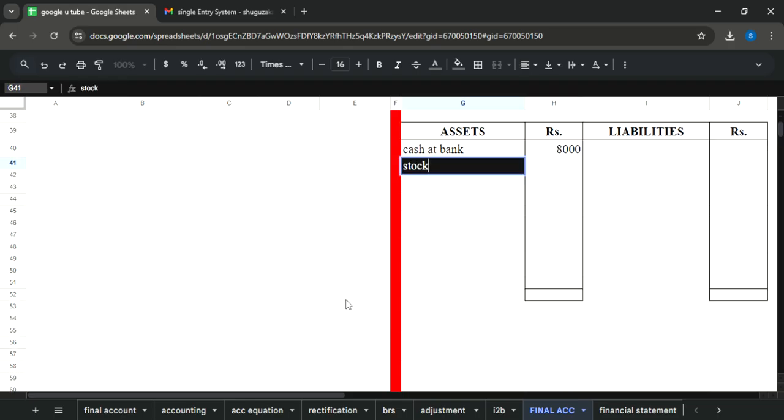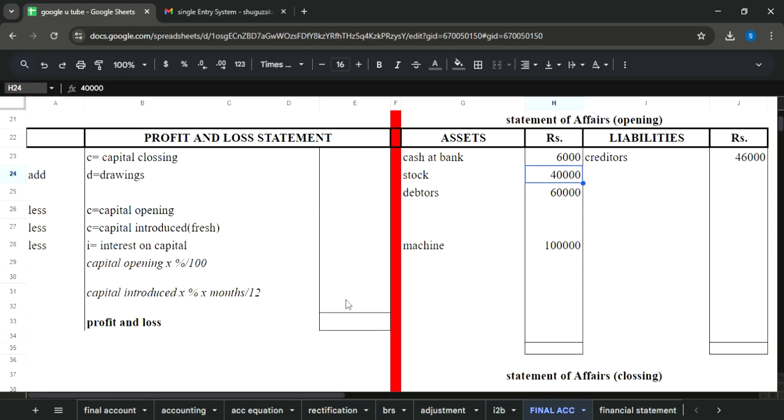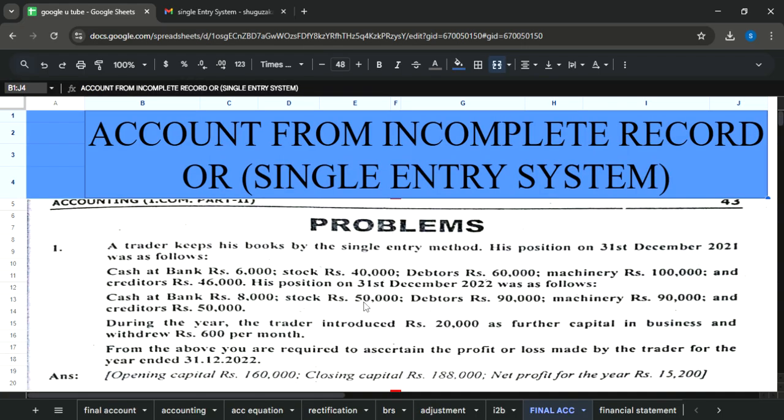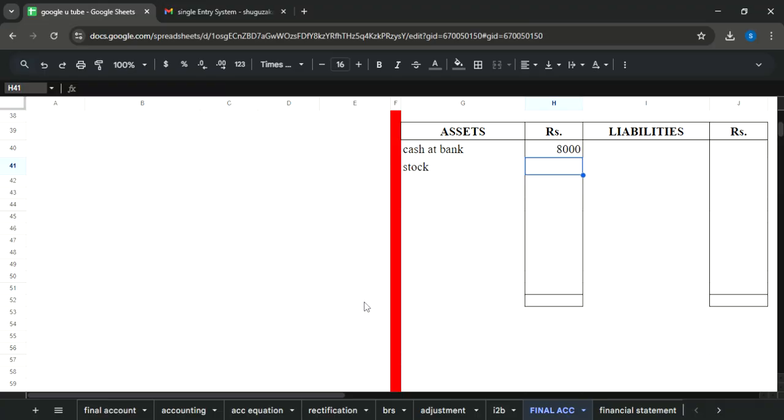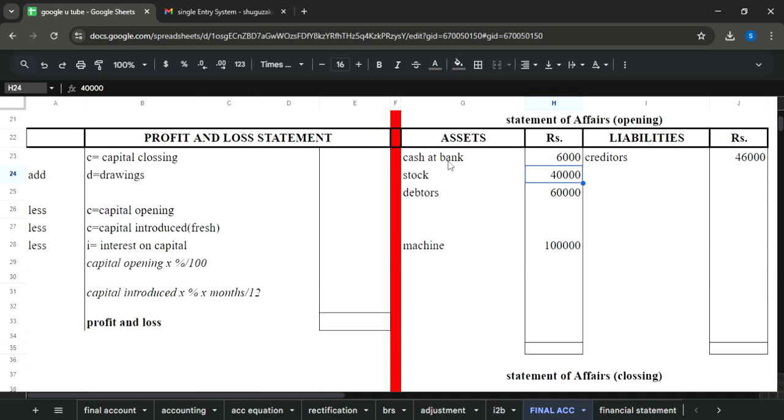So you will write stock on the asset side, the amount of which is 50,000, and you will choose the current asset side. Normally we write current assets at second number and fixed assets at first number. You are free to do that, but better is to write fixed assets on the upper side. 50,000 stock we have written.